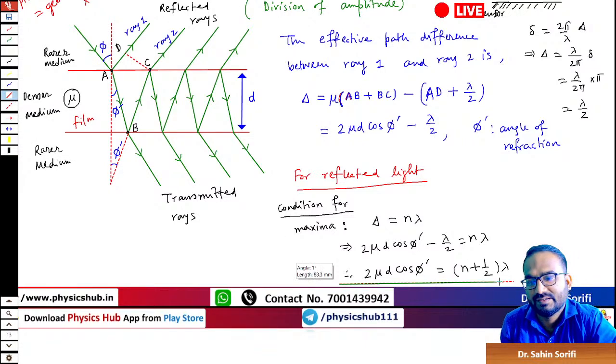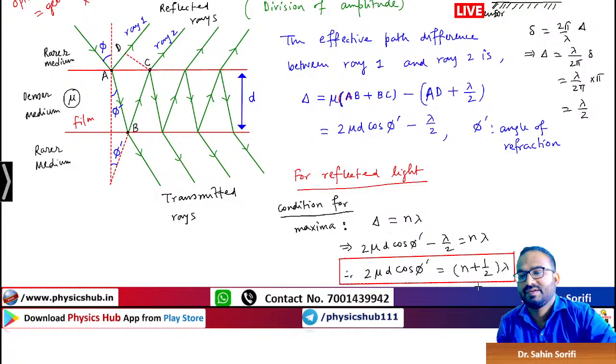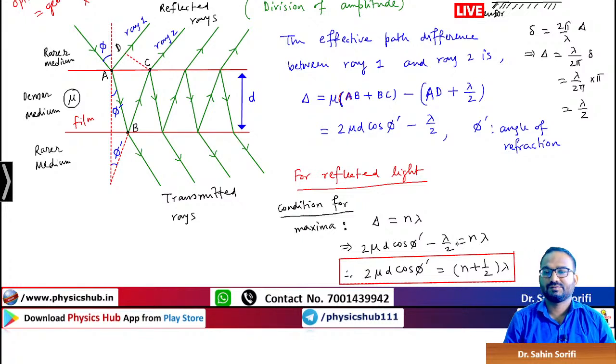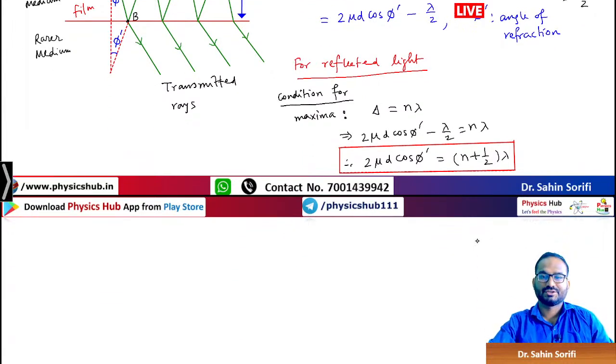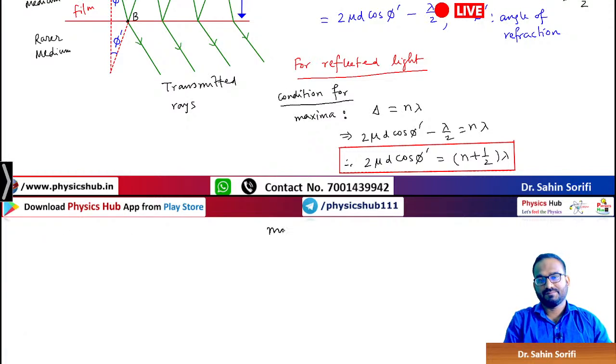From the reflected light, it is a condition of maxima, but it looks like n plus half lambda, like the condition of minima. It is actually the condition of maxima because of this extra phase difference due to reflection. Now let's write the condition for minima.